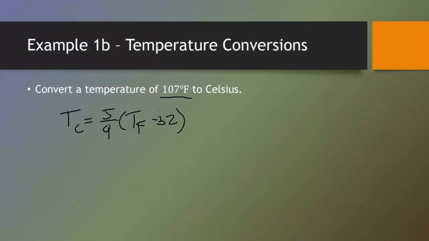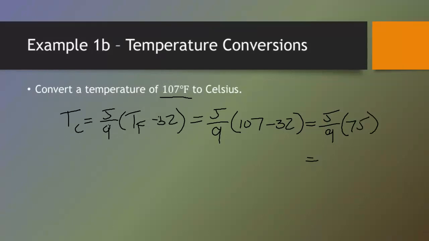It's important that you subtract first here and then multiply. 107 minus 32 will give you 75. And then when you multiply, you get 41.7 degrees Celsius.